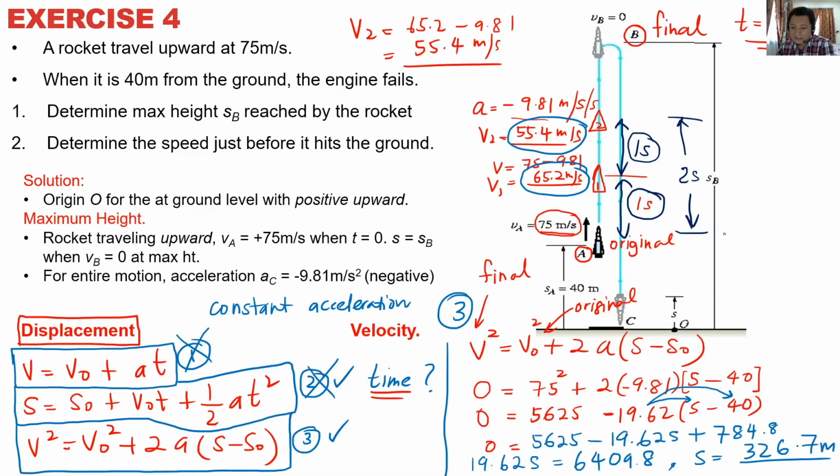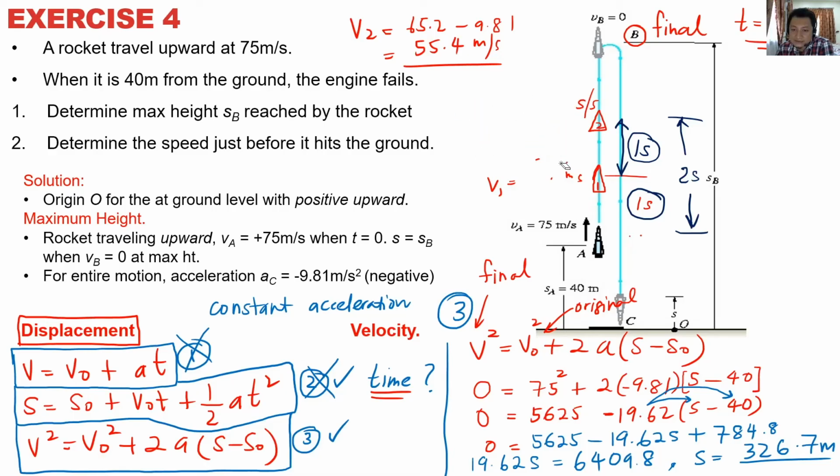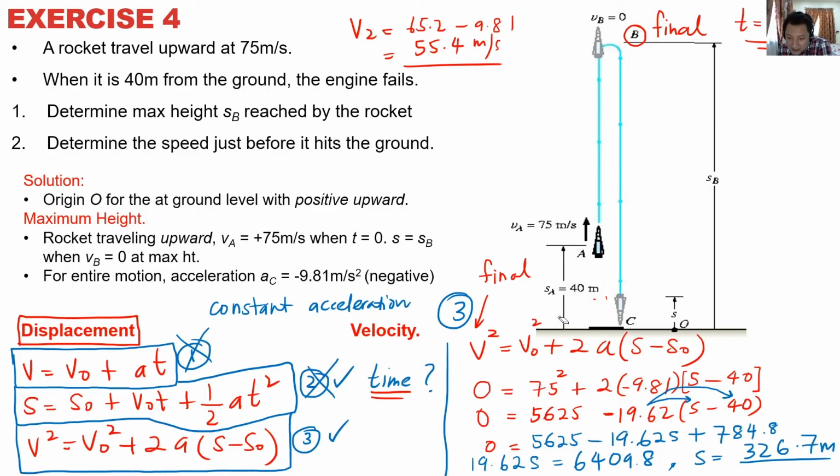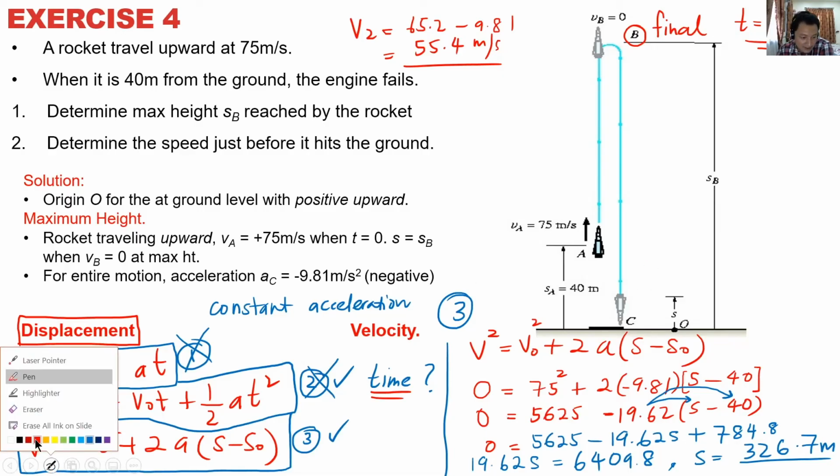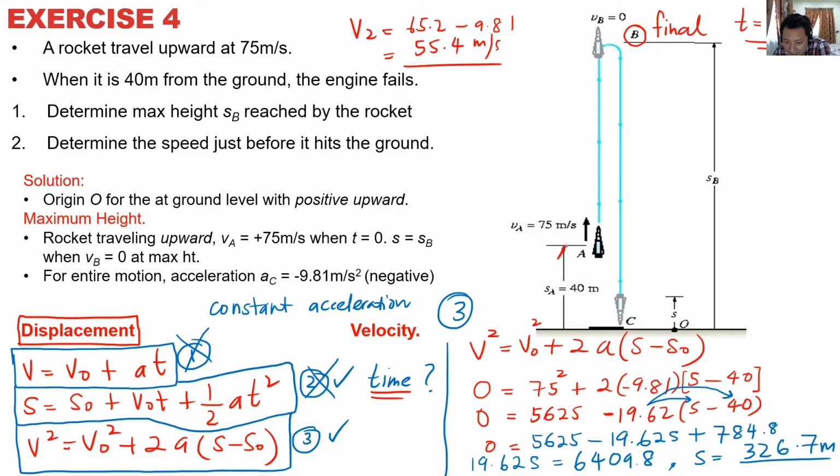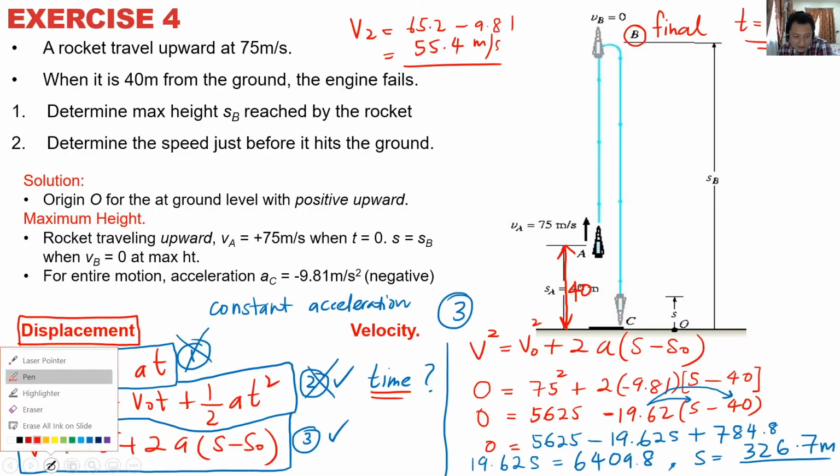Okay, so I'm gonna rub some of the masses here. Where can I rub? This one I can take out. Take out all this nonsense. Okay, now we are cleared. So where are we right now? We are... Dia dah terbang 40 meter. 40 meter. That's why you have this 40, okay? Look at this 40.